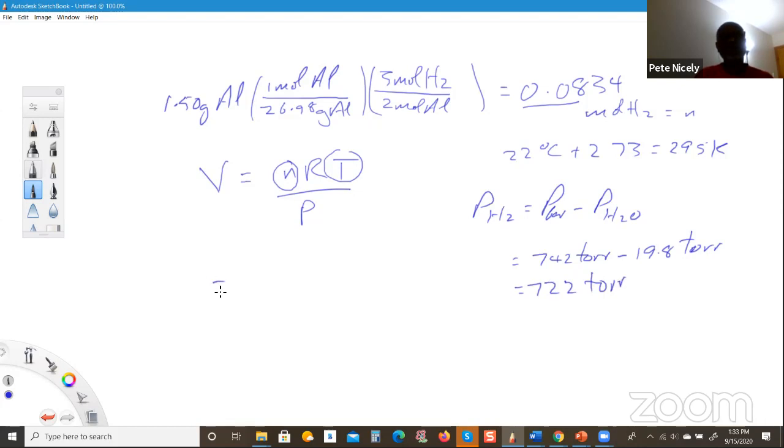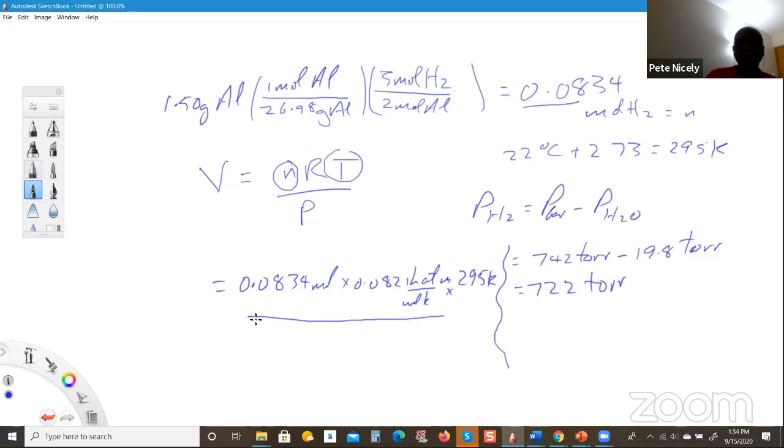Okay, so we have everything we need to solve for V. So I'm going to plug in the 0.0834 moles times 0.0821 liter atmospheres over mole Kelvin, times the temperature, which is, as I said before, 295 Kelvin, all divided by P, which we just calculated to be 722 torr, but we have to convert that to atmospheres: 1 atmosphere over 760 torr.